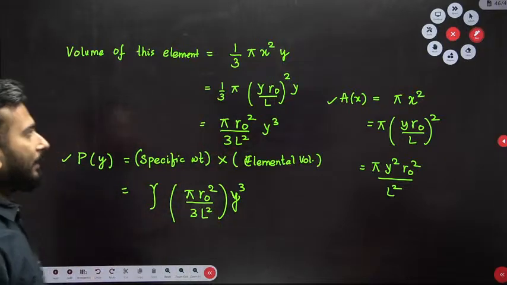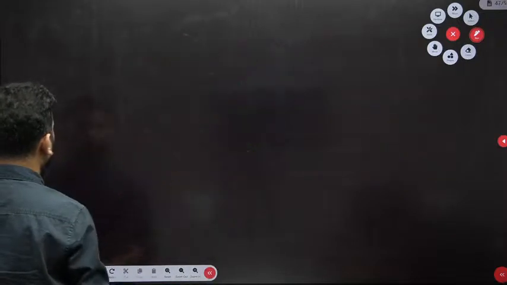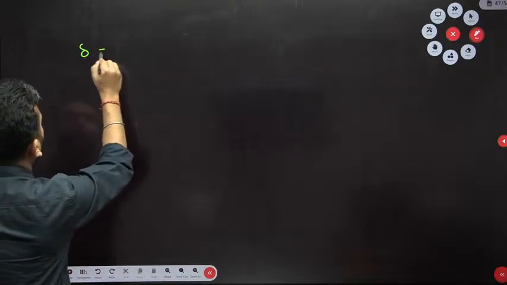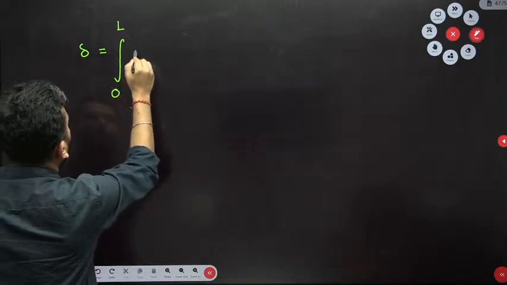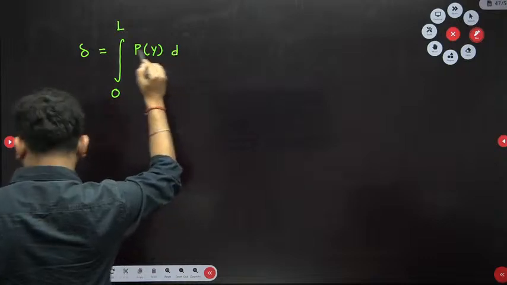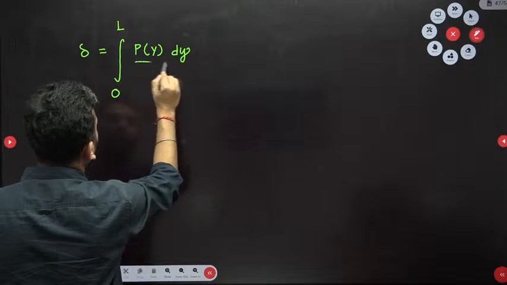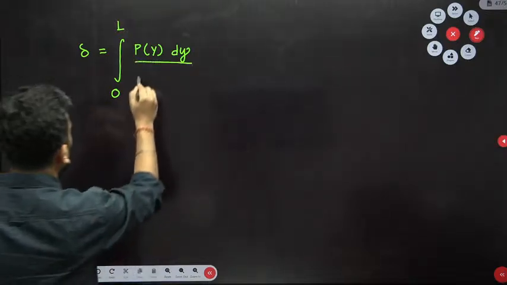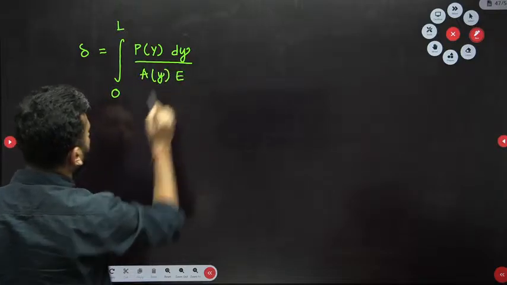Now the original formula was: integration between 0 to L of varying load into dy, divided by A of y into epsilon.